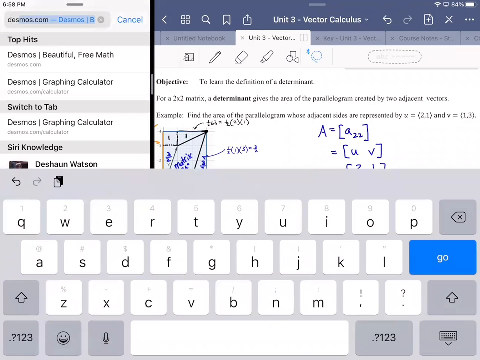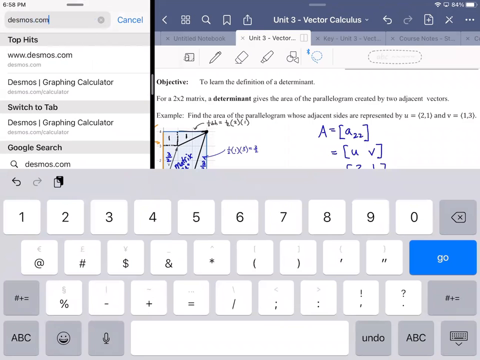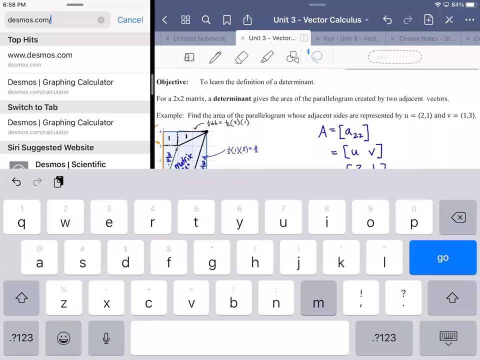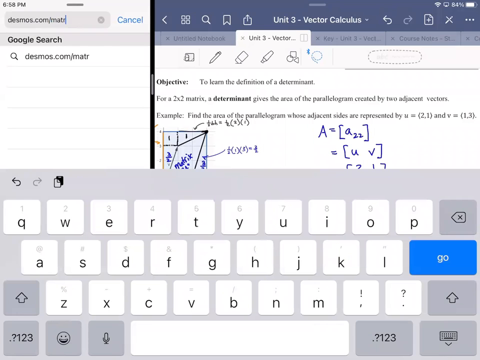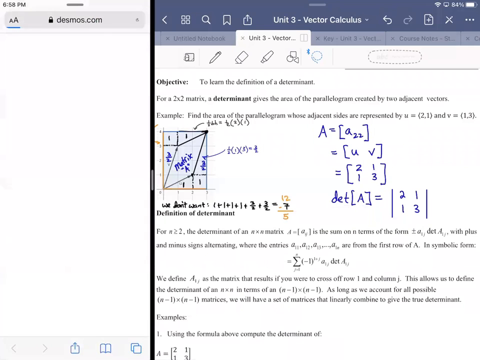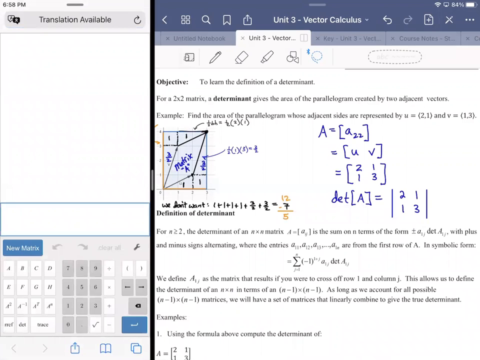So, Desmos.com, matrix. I mean, you could actually go to Desmos.com and just click around. All right, so you put in your new matrix.